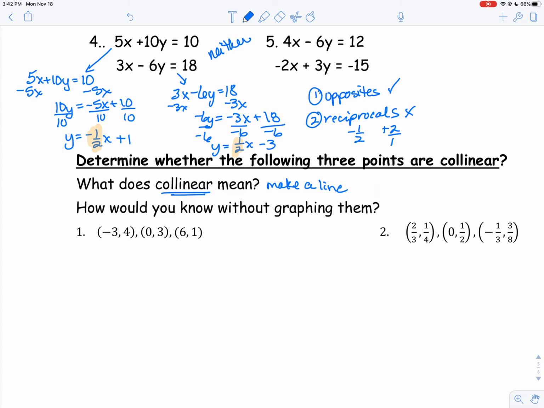So if I know that this point and this point have a slope of, let's say, 3, and then I know this one to this one has a slope of 3, and they are connected, then they're all going to be in a line. So that is the reason that you do this.